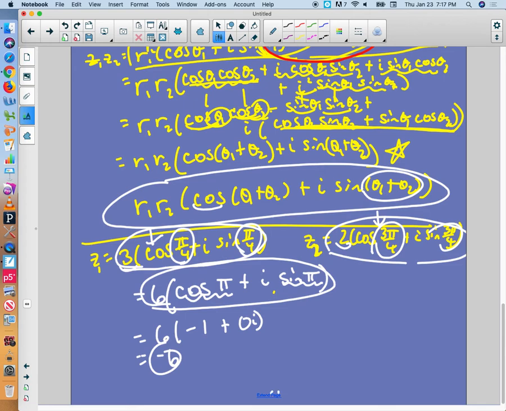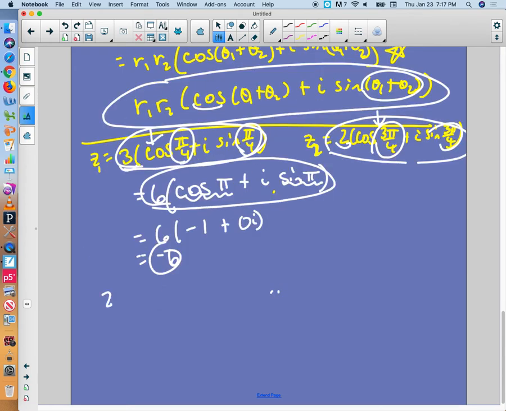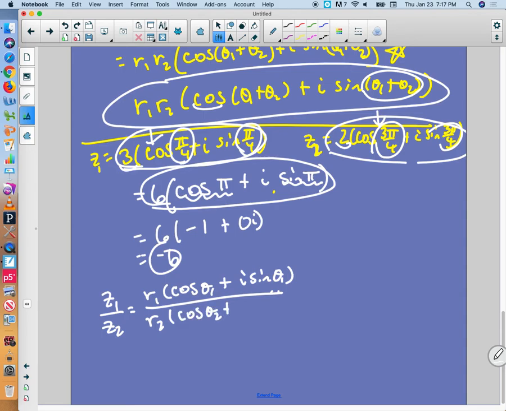Now, in the interest of time today, I'm not going to derive what happens when you divide them, but the good news is if you're dividing z1 over z2, z1 would be r1 cosine theta 1 plus i sine theta 1, and z2 would have other components. And here's what's awesome.